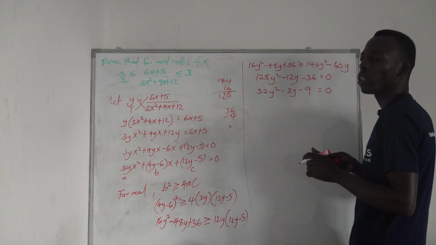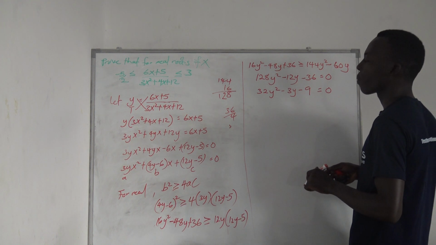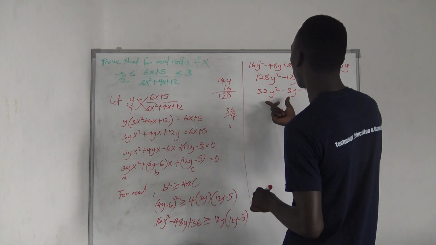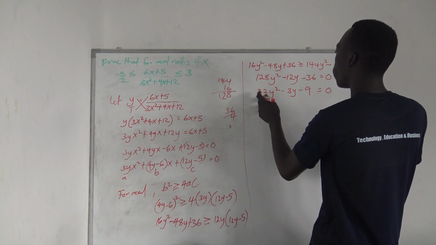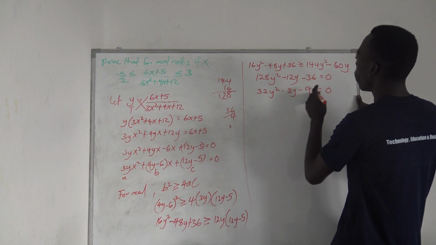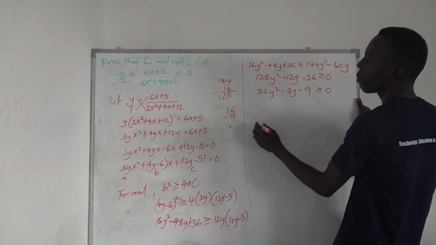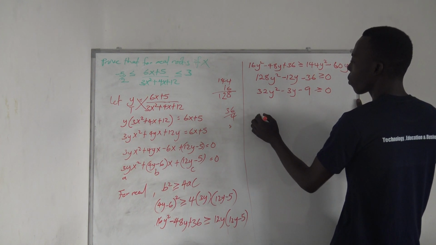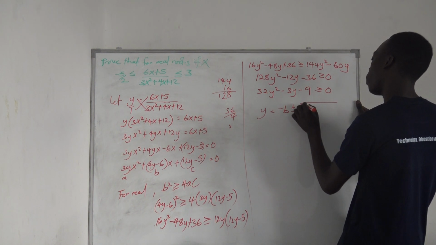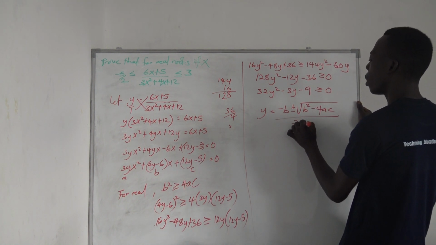So let me feed in the quadratic formula: y equals negative b plus or minus root of b squared minus 4ac, all over 2a.